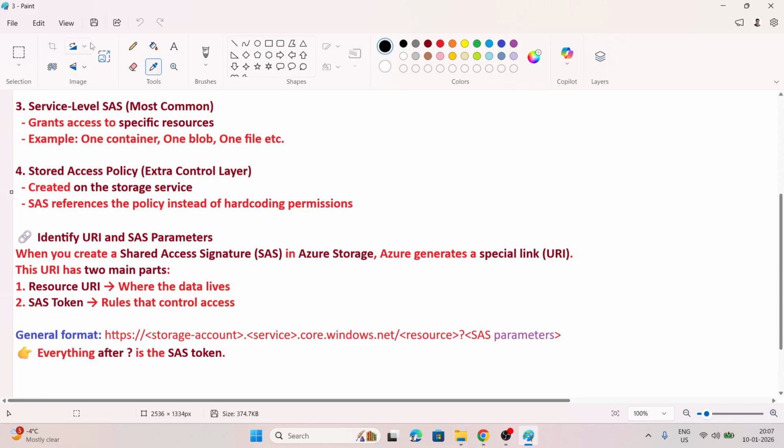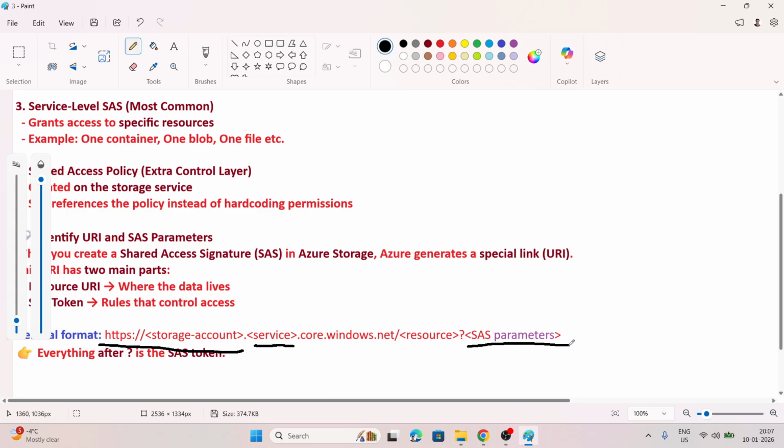And this is the general format. Like this one, HTTPS, then here we have the storage account name, then which service, like blob or file, then core.windows.net, then this is the resource, and after the question mark, this is the SAS parameter, or we can say the SAS token.